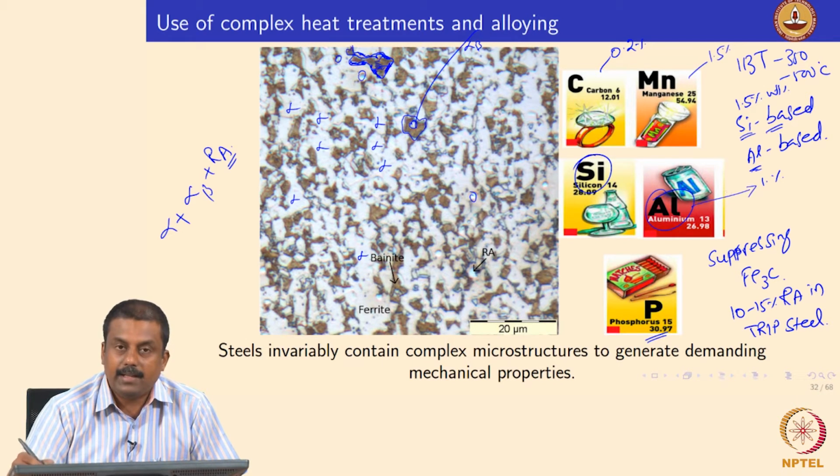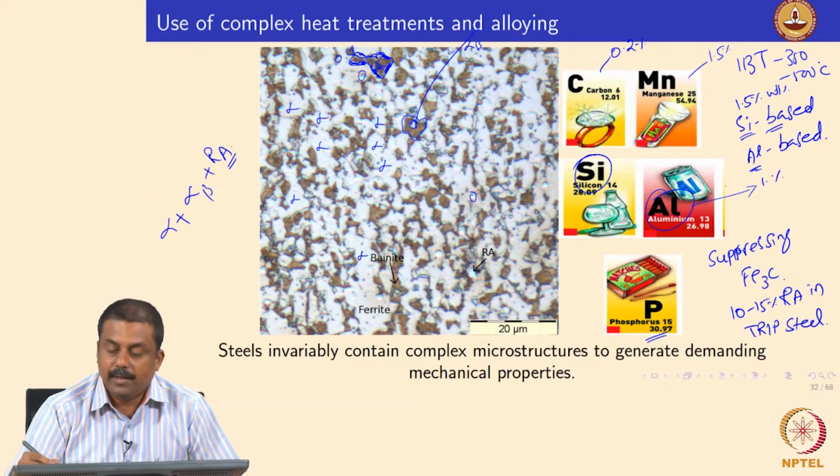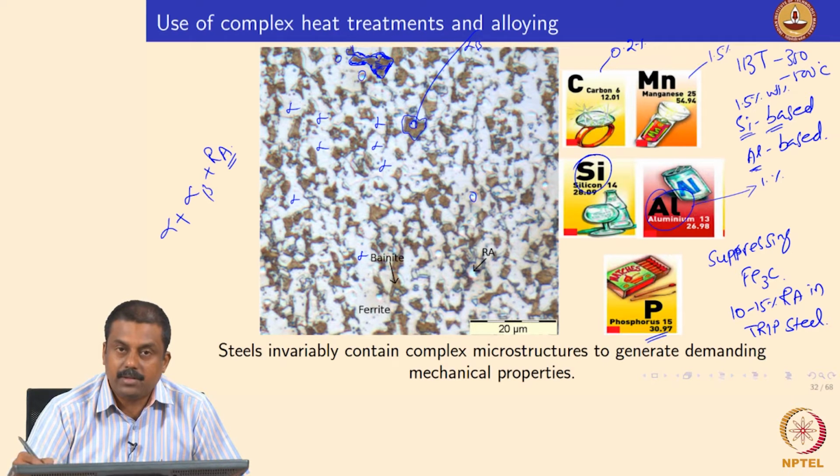So we need to add other alloying elements which should increase the solid solution strengthening, as well as have cementite suppression capabilities. For example, one such element is phosphorus.